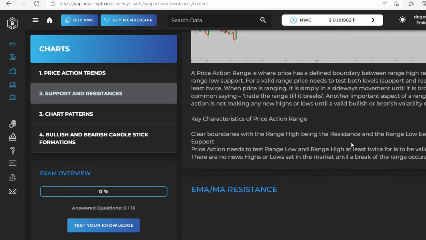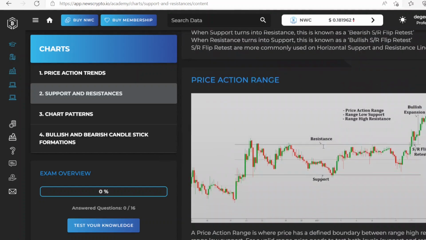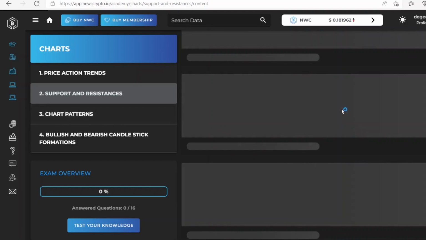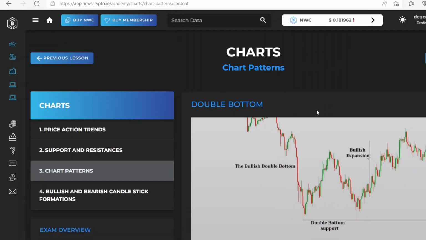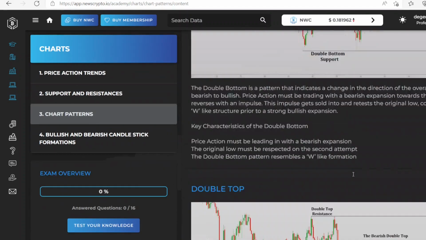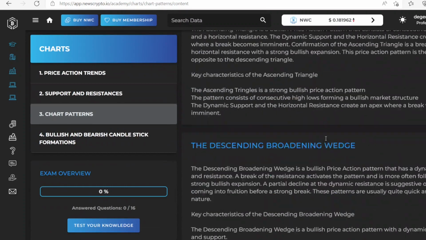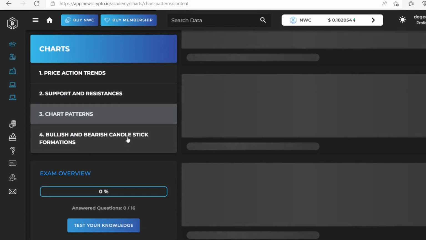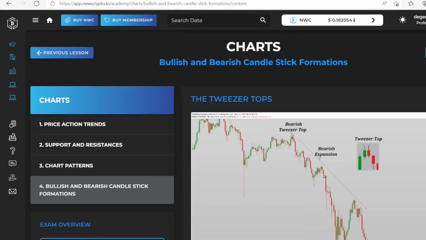It talks about support and resistance, like I was saying before. In the chart patterns as well, it goes into all the important ones I was talking about before, the double bottom and all the detail you need, double tops, and then even goes into the candlestick patterns as well.